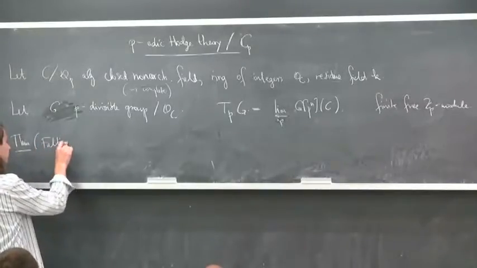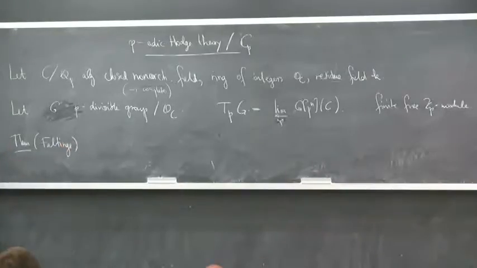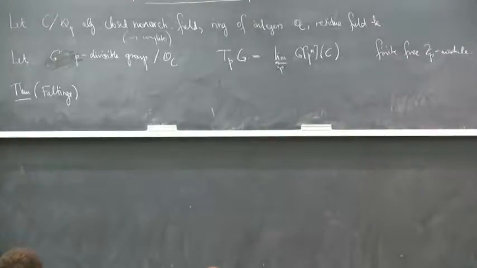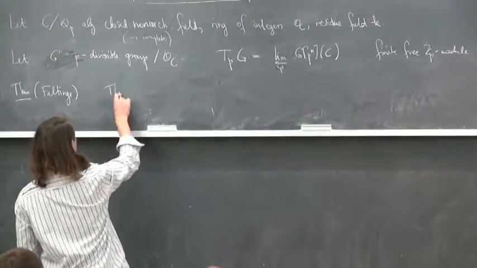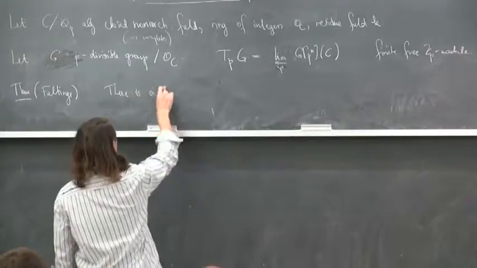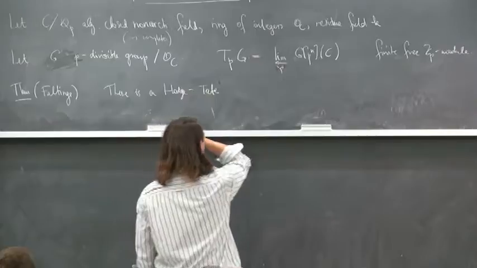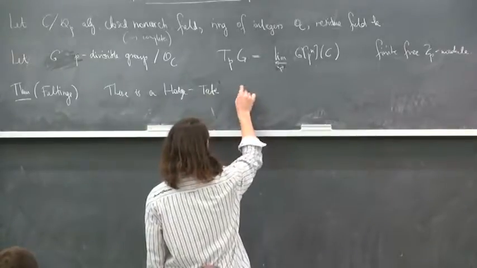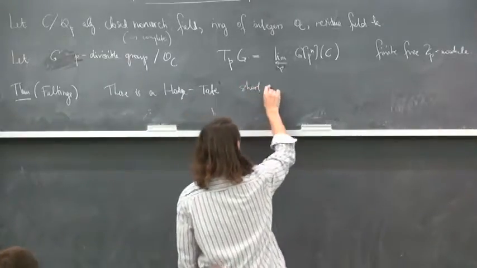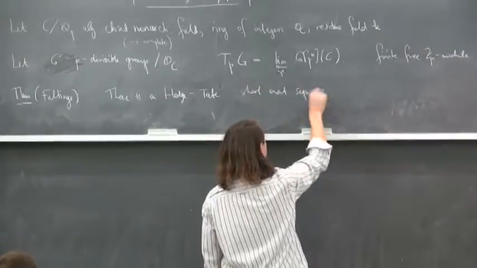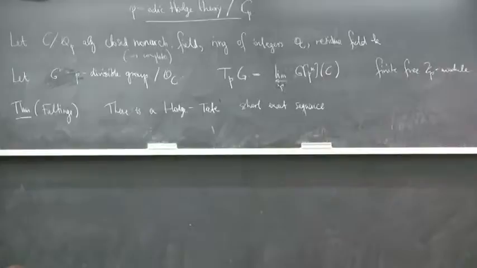There's a version of this for p-divisible groups which are just defined over O_C, not over something discretely valued. But in this case, it's just a filtration, so there's a Hodge-Tate short exact sequence like the following.